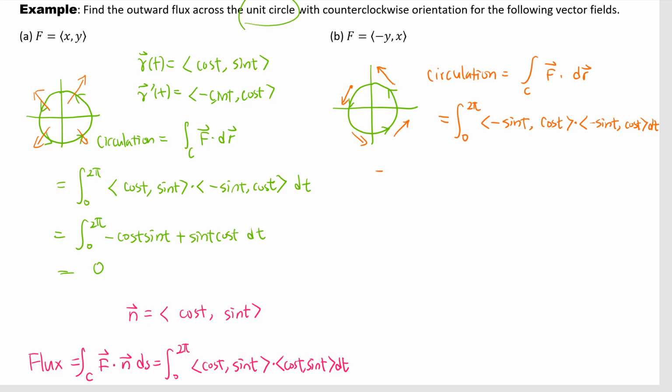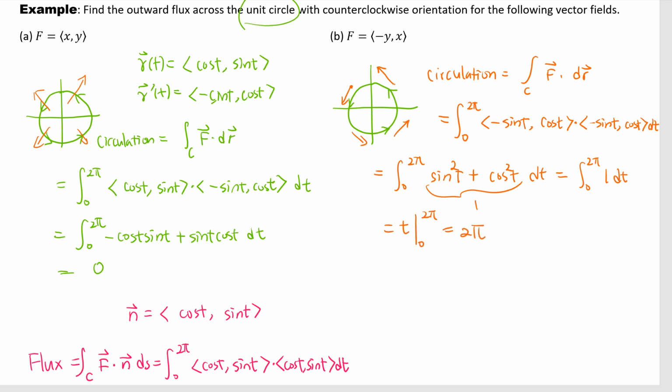Okay, and that equals the dot product: minus sine t times minus sine t is sine t squared, cosine t times cosine t is cosine t squared, dt. Oh, see, this is 1. So we have the integral from 0 to 2π of 1 dt, which equals t evaluated from 0 to 2π.